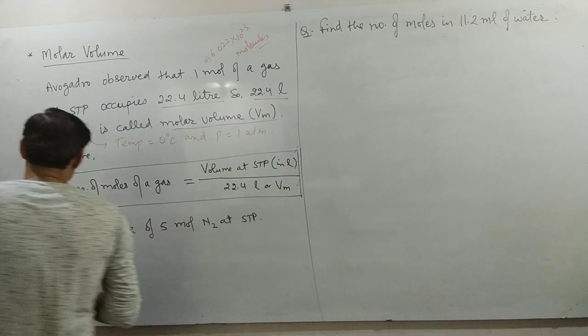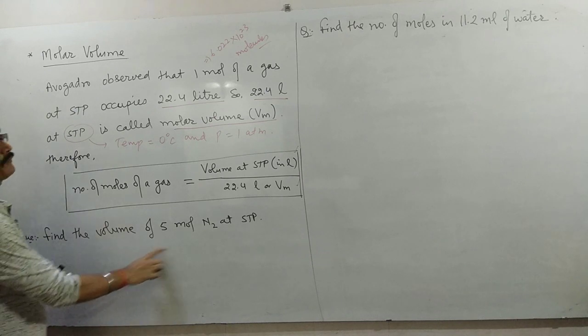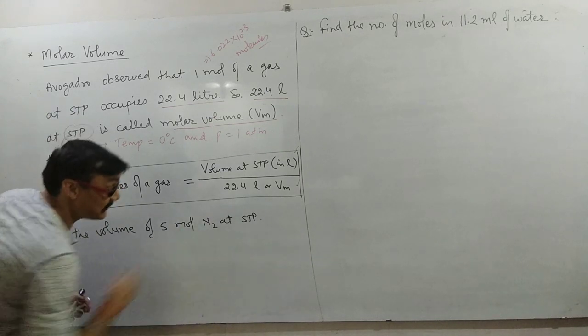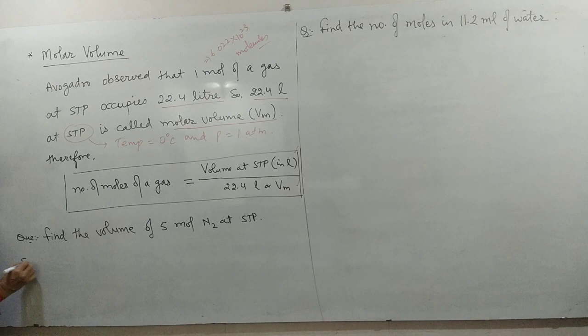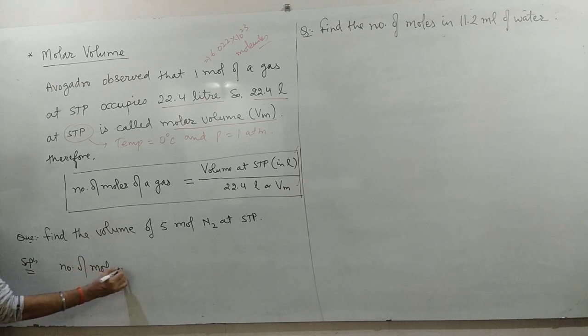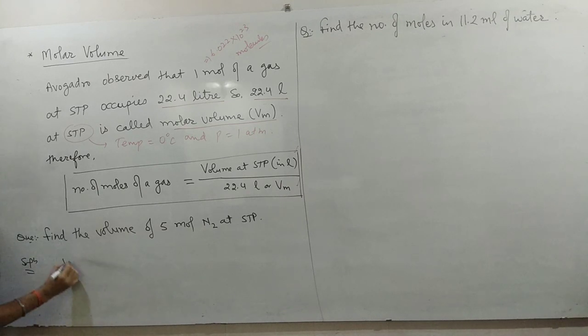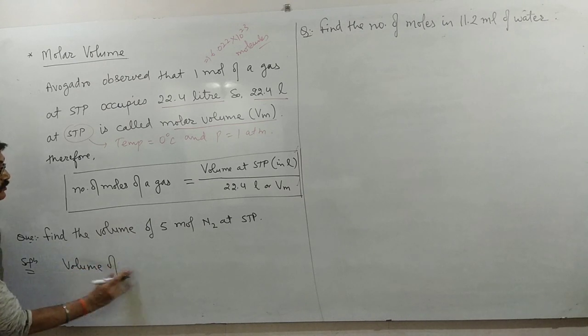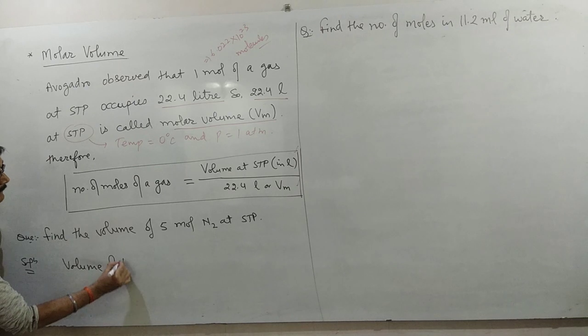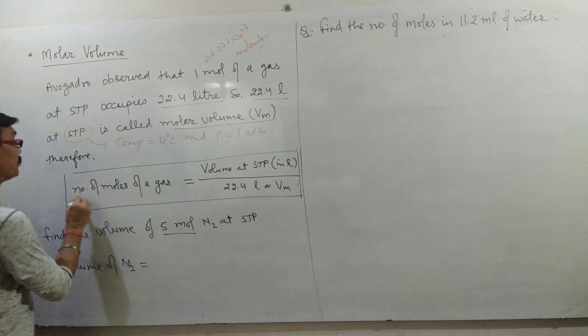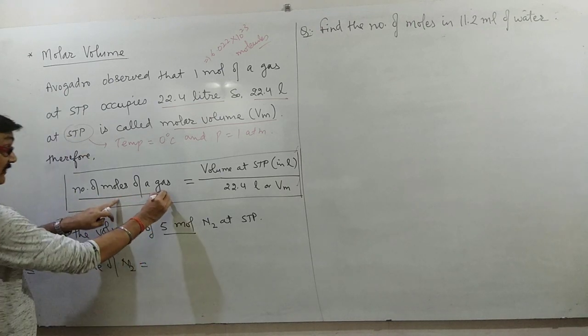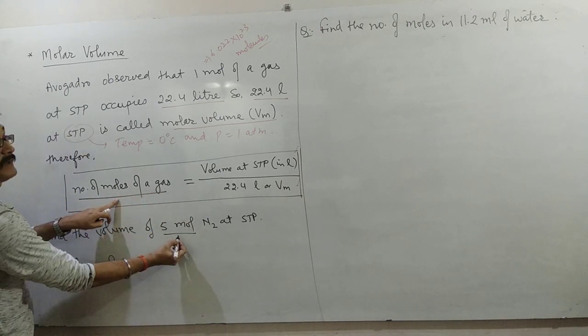Let us take a question. Find the volume of 5 mole nitrogen at STP. So guys, here we have to find the volume of gas from moles. The number of moles is given, 5 moles.